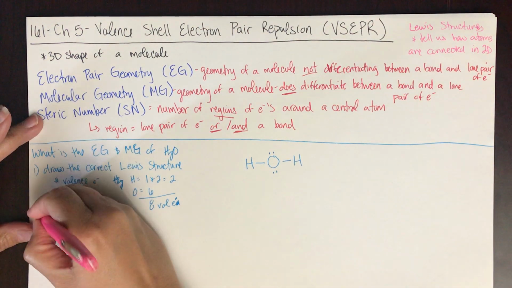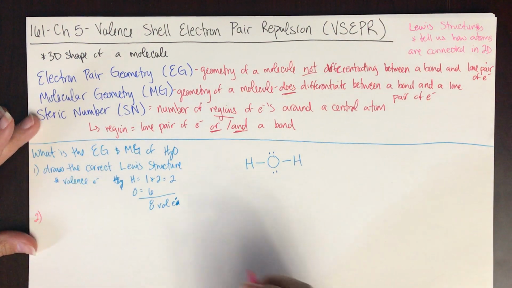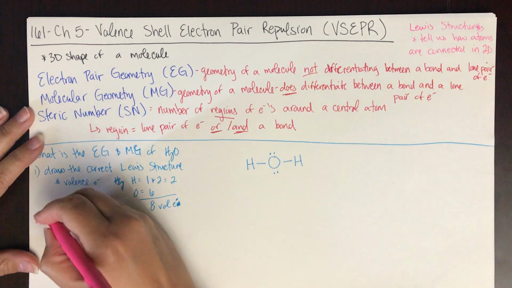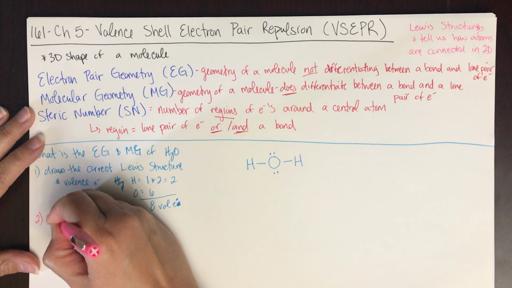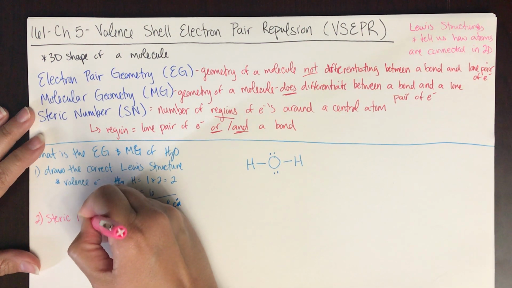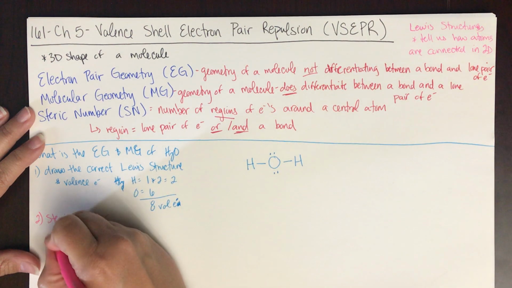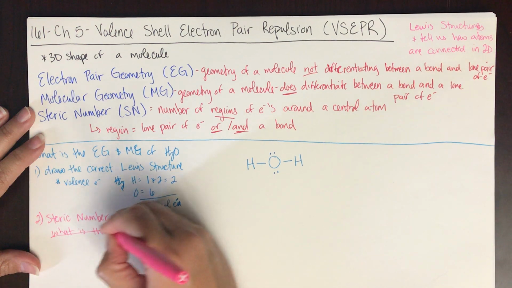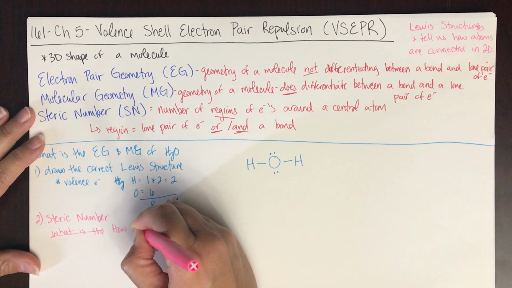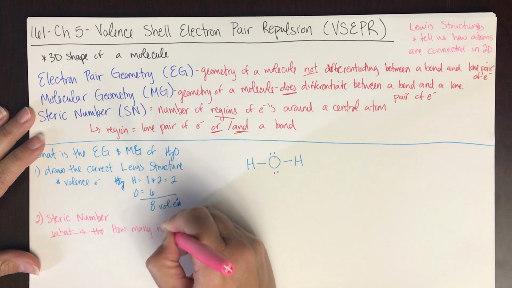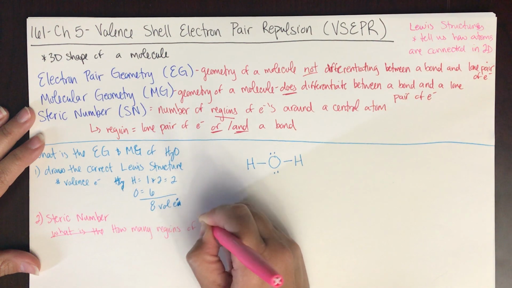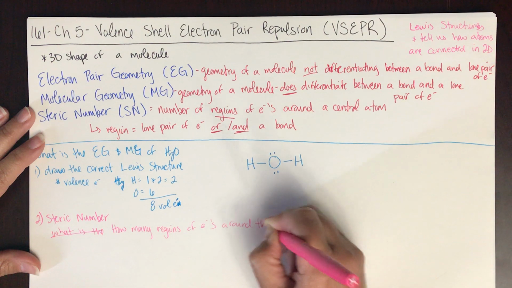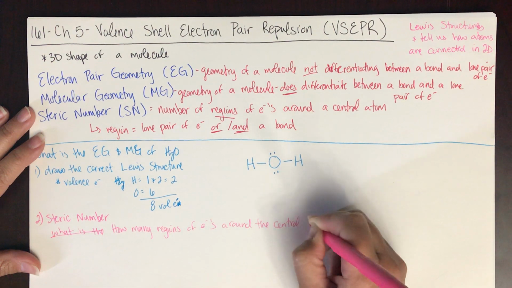Step 2 is going to be determine the steric number. So how many regions of electrons around the central atom?